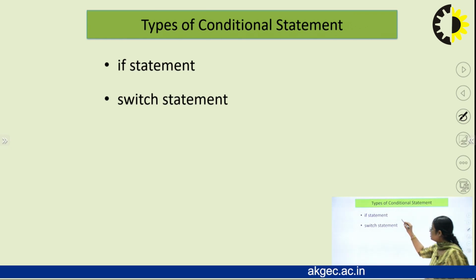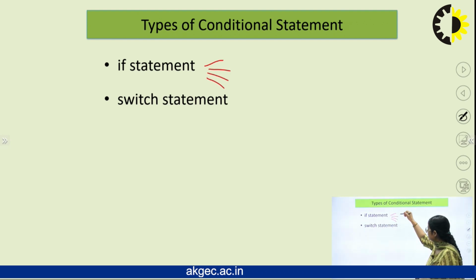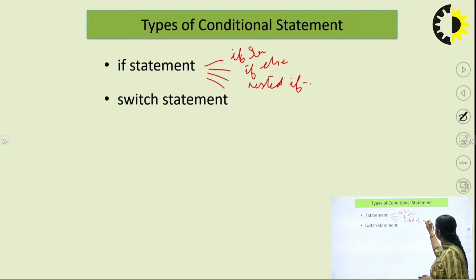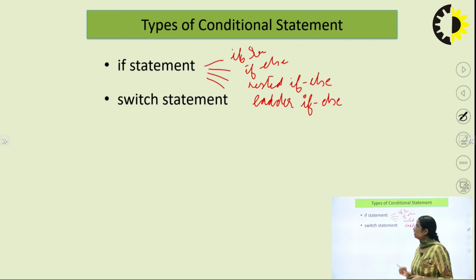The if statement we further divide into four types: simple if statement, if else statement, nested if else, and the last one is ladder if else. So these are the four categories of the if statement. We will discuss all these conditional statements one by one.